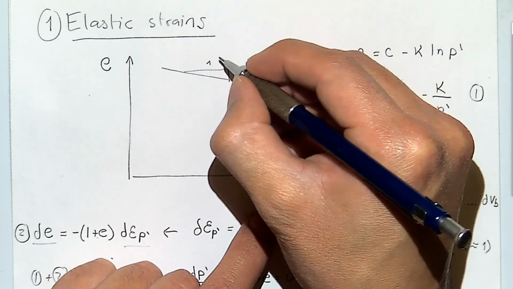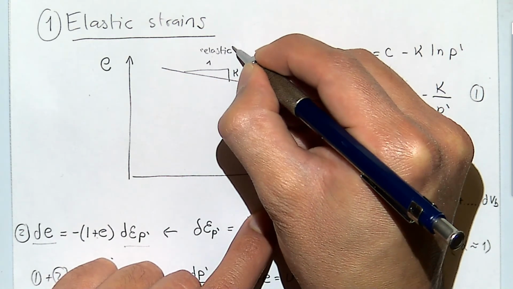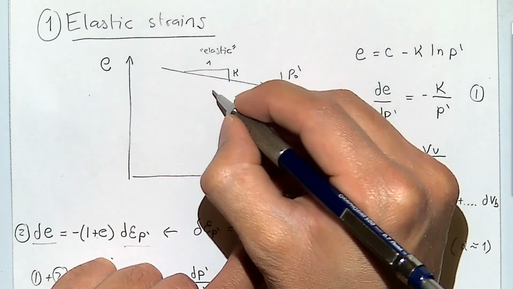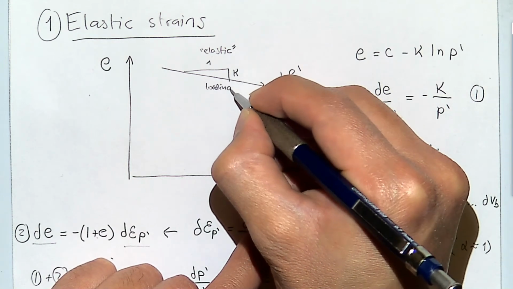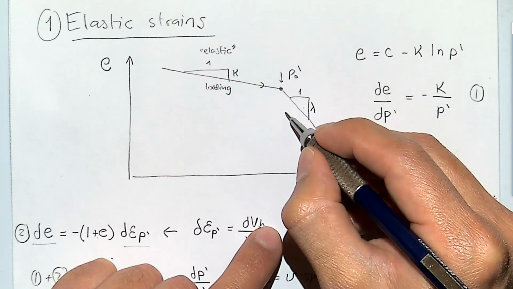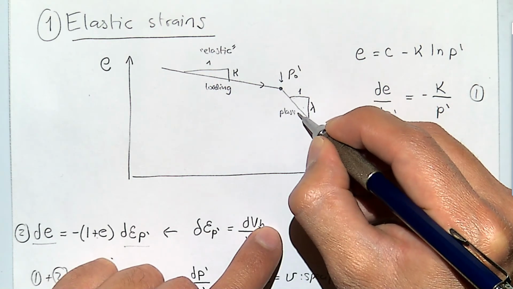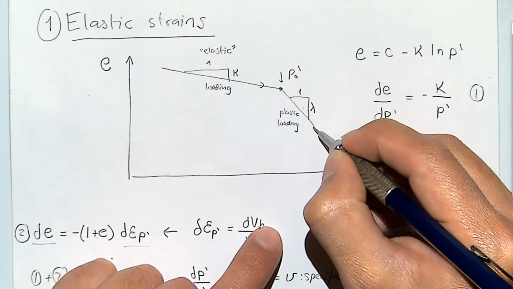So this is going to be elastic. And for example, we could assume if this is going in this direction, we could say this is loading. This will be elastic loading. When we get to here, we are continuing loading, plastic loading.